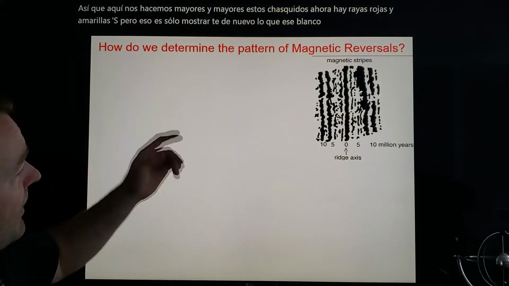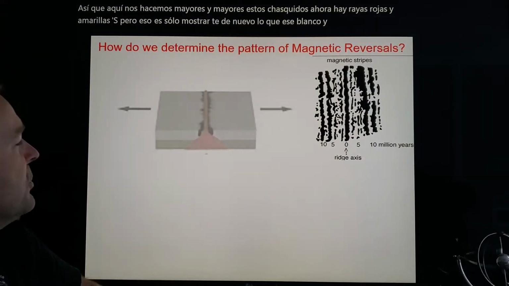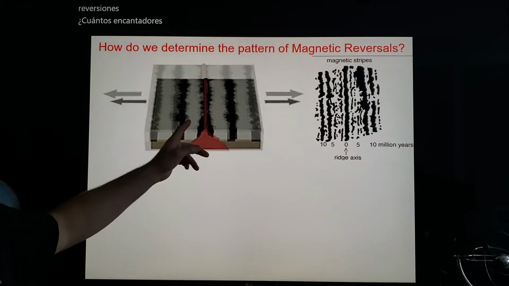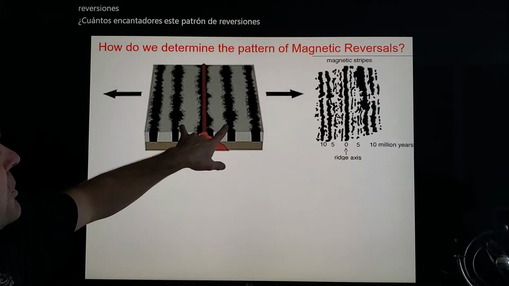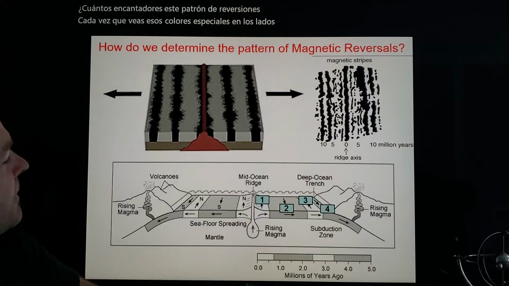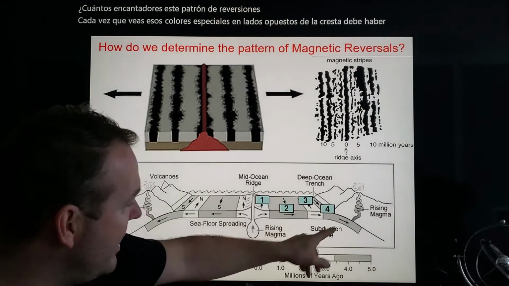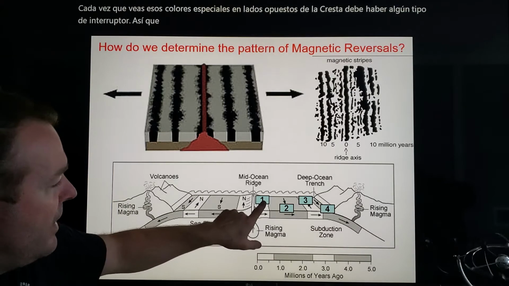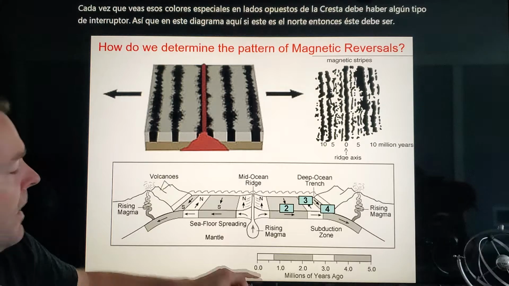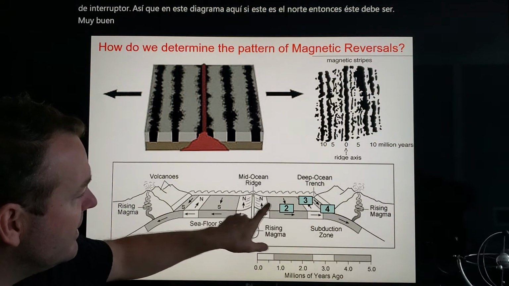Okay? How do we determine this pattern of reversals? Well, watch the simulation here, right? Whenever you see those symmetrical colors on opposite sides of the ridge, there must have been some kind of a switch. So in this diagram here, if this one is north, then this one must be, very good, north as well. What about 2? Right, it's next to a north.